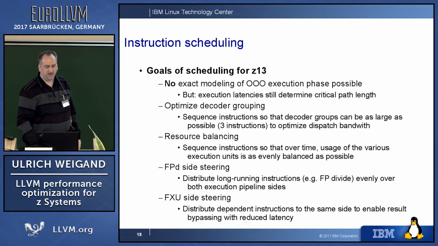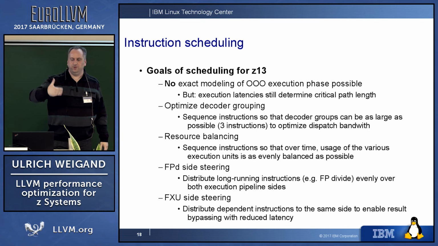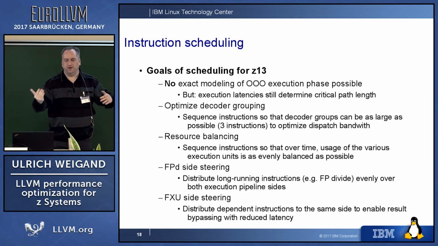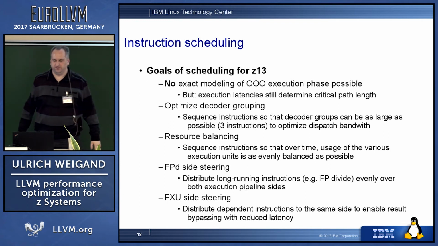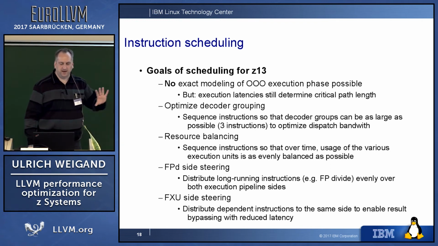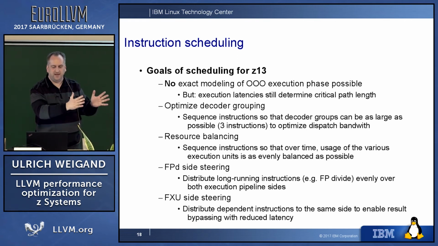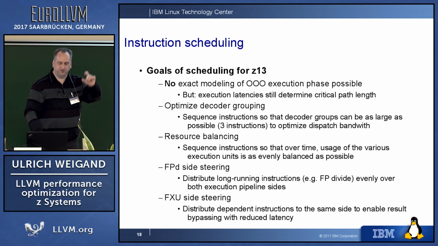And similarly for integer instructions, if you have dependent instructions where one uses the result of the other one, if they are on the same side, there's a bypass that gets the result faster into the instruction that needs it, but if they are on different sides, you don't. And to some extent, you can influence those sides by making sure that they are in the same or in different decode groups. And that's what you can influence by instruction sequencing.